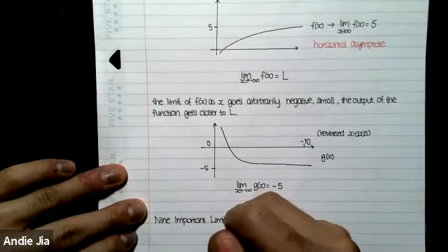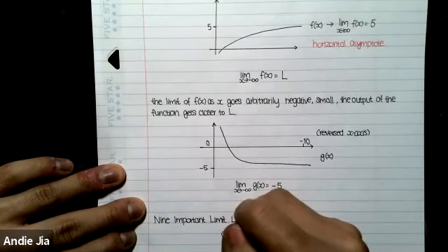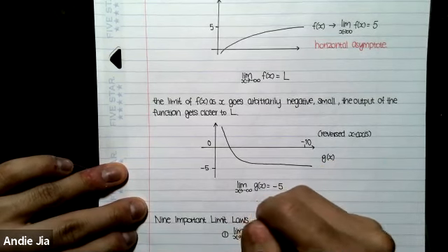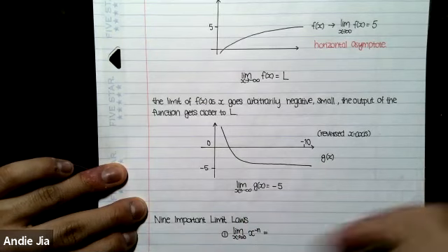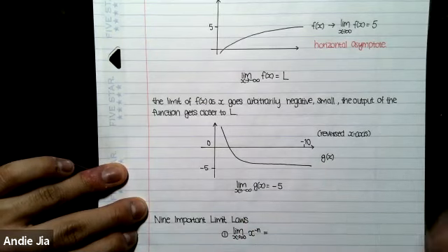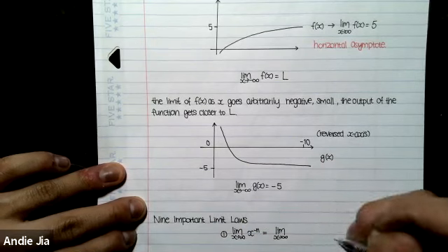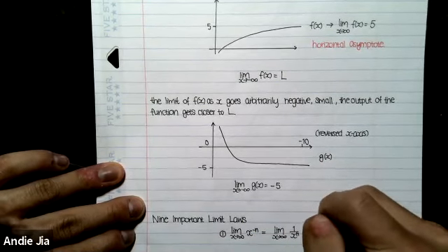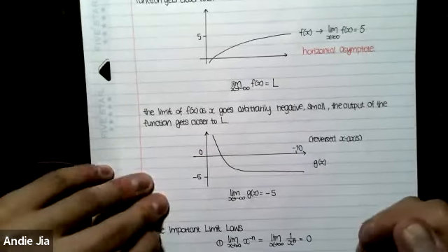For number 1, the limit as x approaches infinity of x to the power negative n, or 1 over x to the nth, is 0. Make sure n is larger than 1.